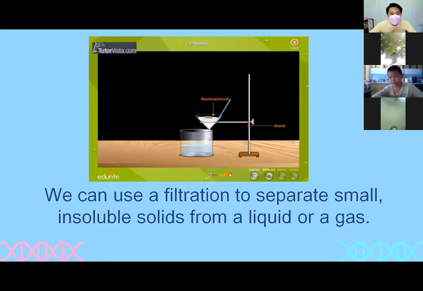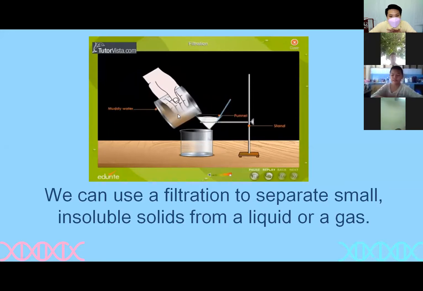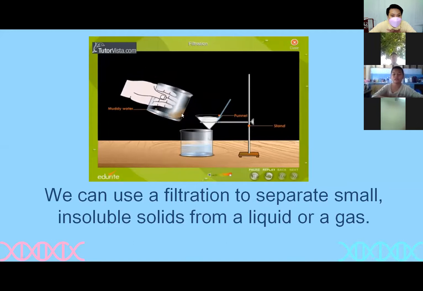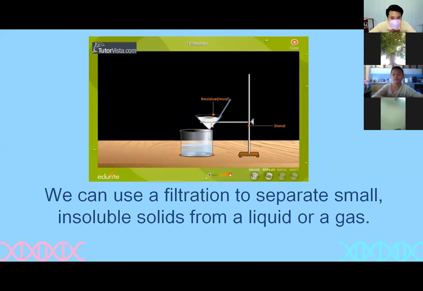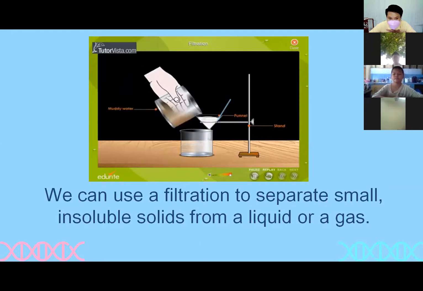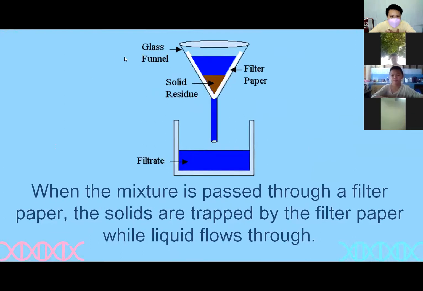So we put them on the filter paper. When you put it on the filter paper, the water will go down here and the mud will stay on the filter paper. Get it? Sure? Okay, next.